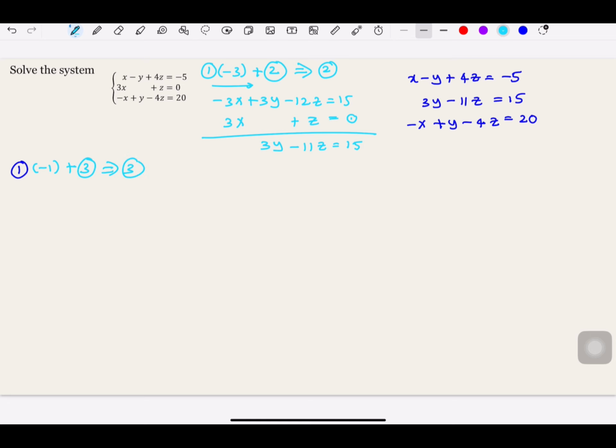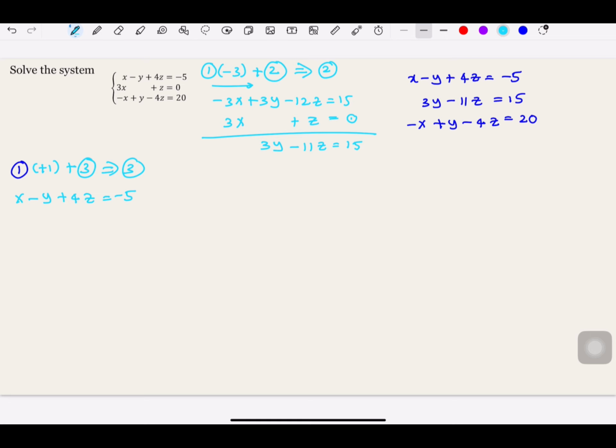So this is how you do the simplification. x minus y plus 4z equals -5. So this is the first equation, multiplying it by, okay, here this is a mistake. You have to multiply the first equation by +1. That means it's just the same equation.